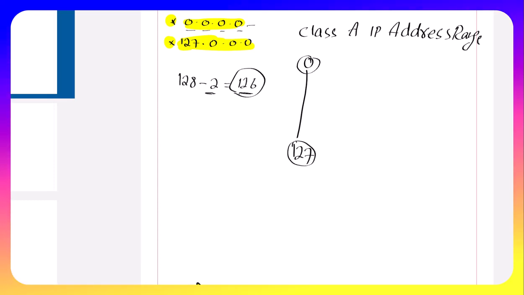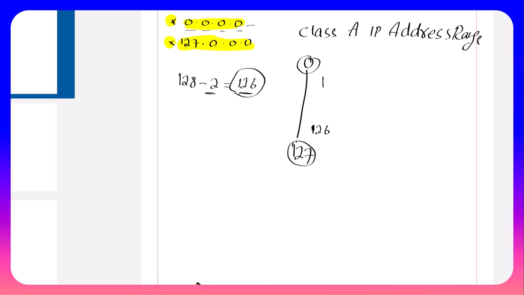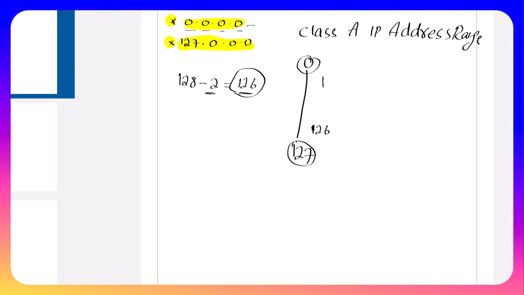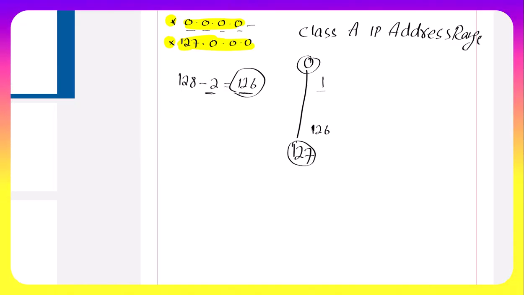They are required to be subtracted, so the valid range starts from 1 to 126. The 0 and 127 are both reserved and we cannot use them in our standard networks, like over the internet or in our local area networks. The valid range starts from 1 up to 126.